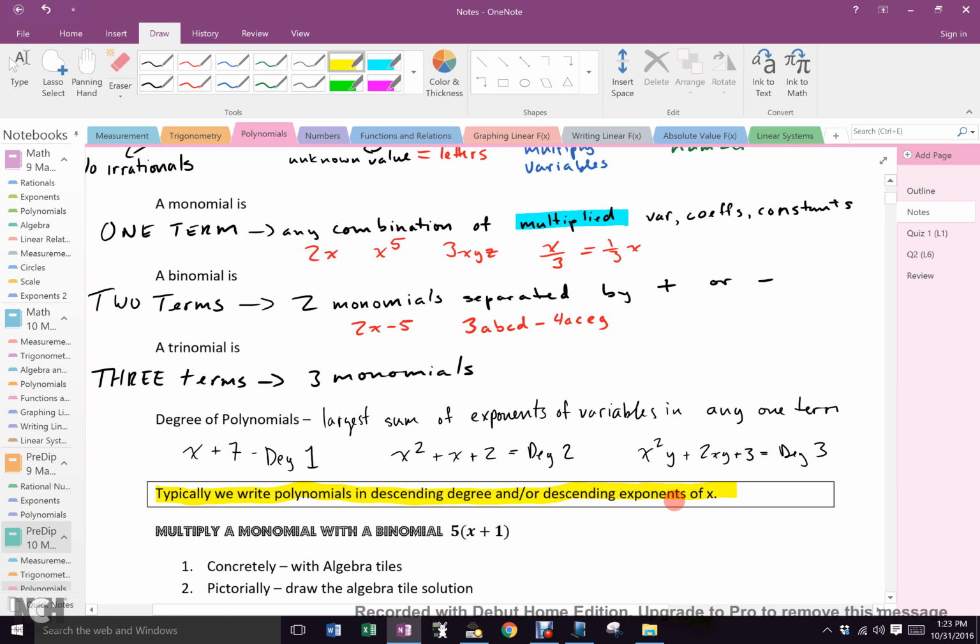You guys have enough on your mathematical plate with doing the actual math before I'm going to care if you write it in the right order or not. Are you with me? Everybody cool? I'm showing you that because as you go further and further into math, they start caring more and more about crap like that. Okay? So I want you to have seen it, but I don't care.